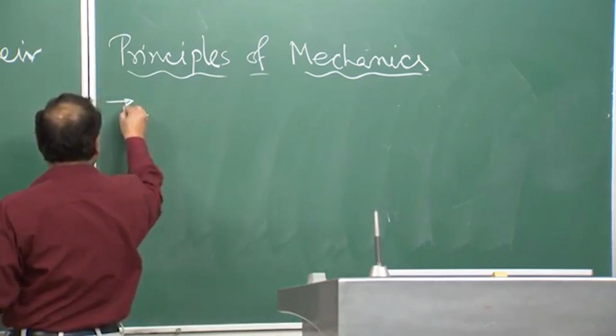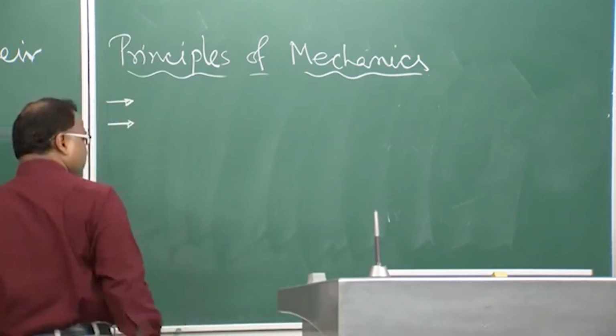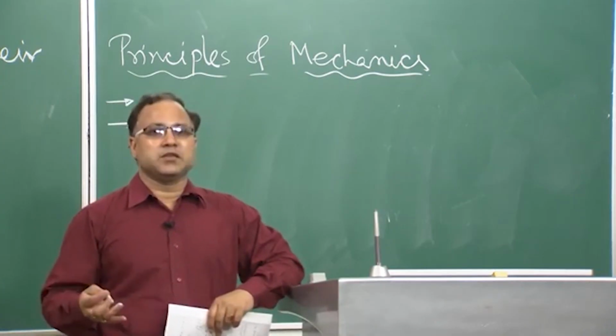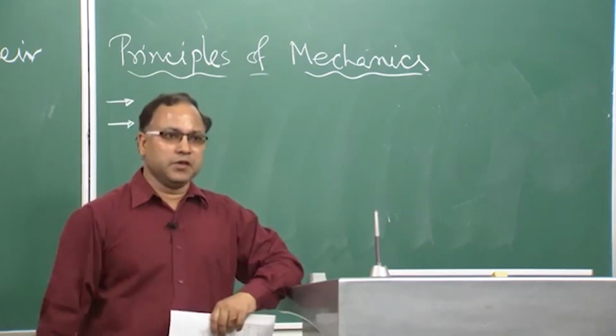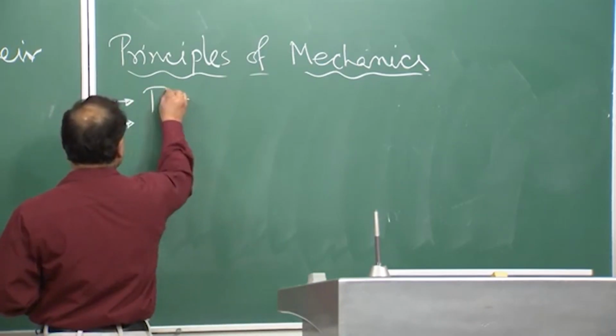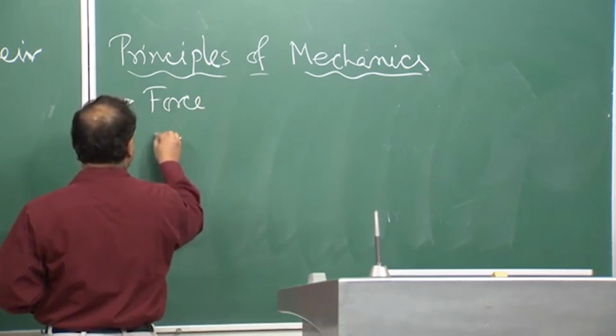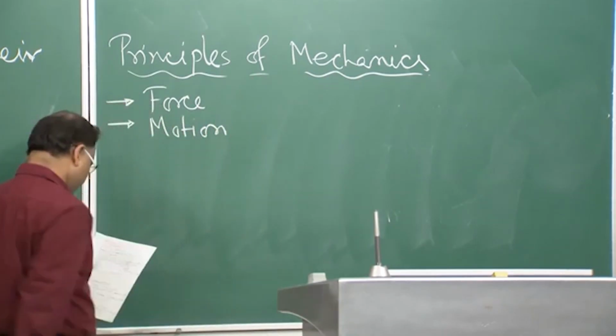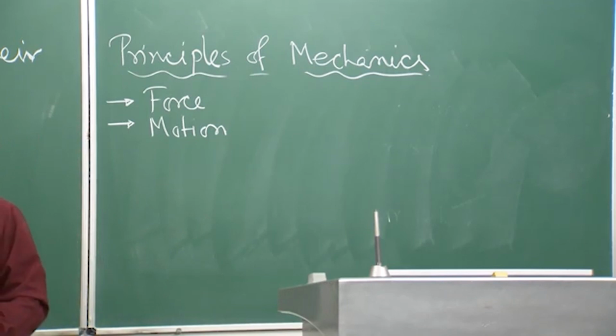So what are the different things we need to know to understand the mechanics of a system? First one, as I told you, is force and the second one is motion. Okay, so force and motion.